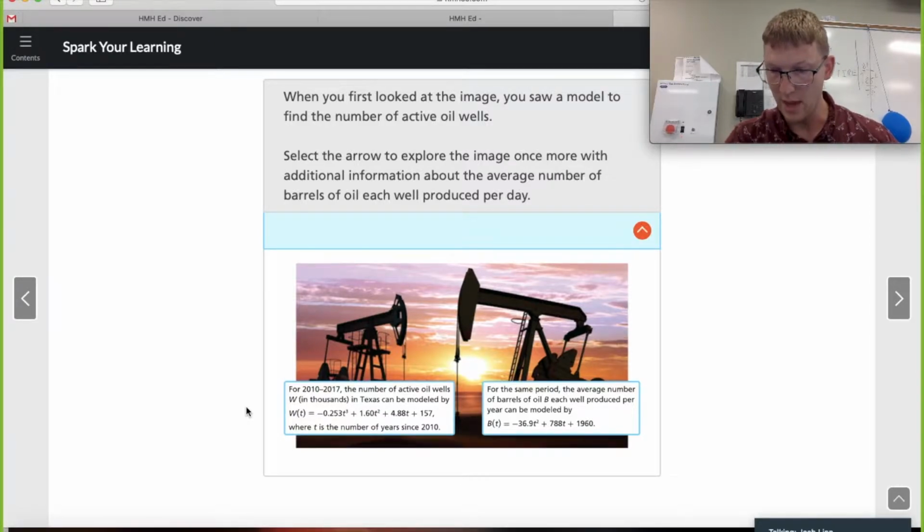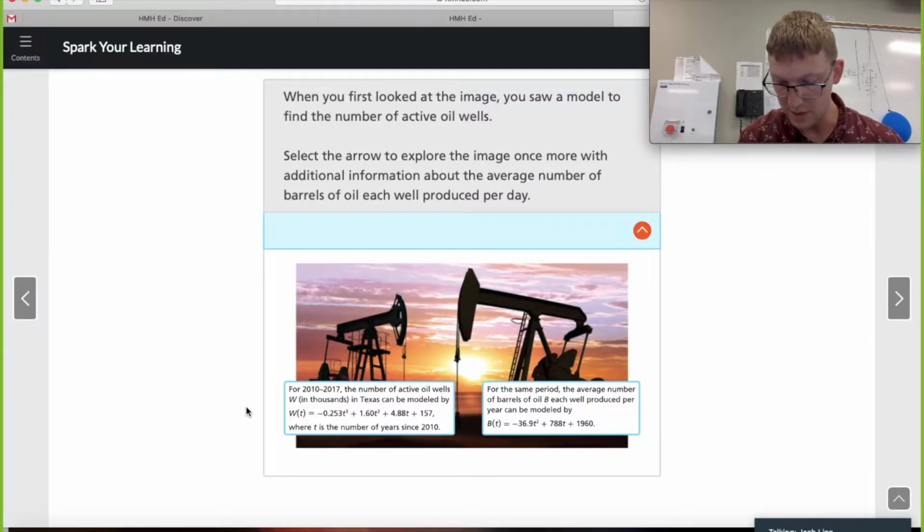So, if we had let's say two refineries that are working, and each one of them produced 60 gallons, how many total gallons of oil would we have in one day? We just multiply them together, right?